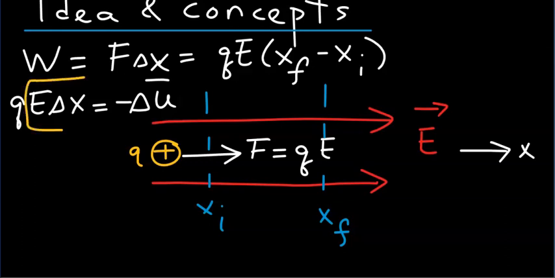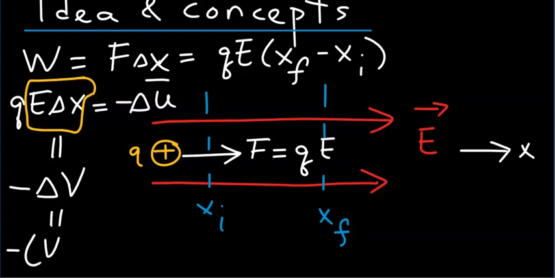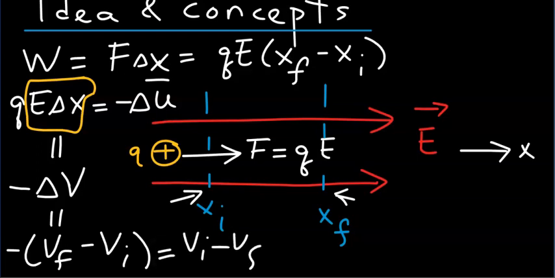The product of the electric field times the displacement equals minus the change in electric potential. So what that means is it's minus the electric potential at the final point, namely there, subtract the electric potential at the initial point, which is there, and that is quite simply Vi minus Vf.